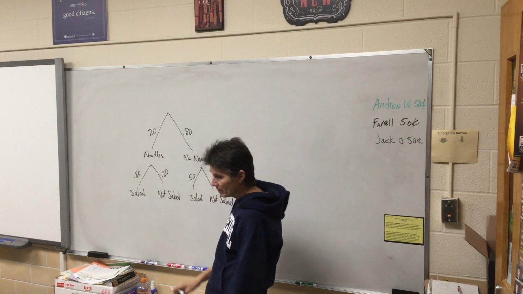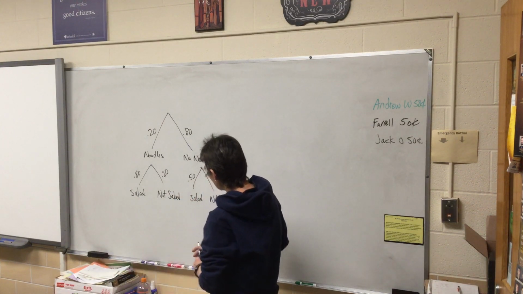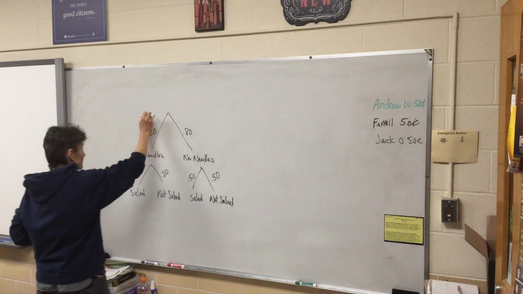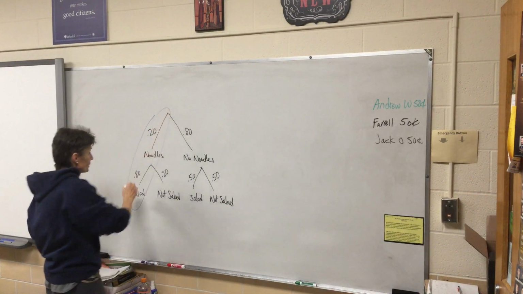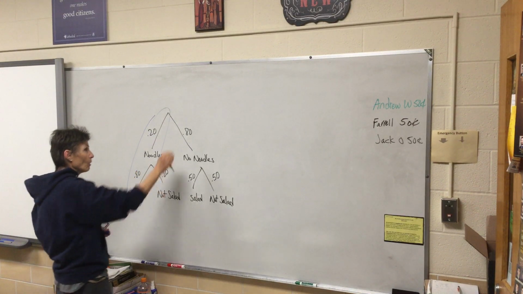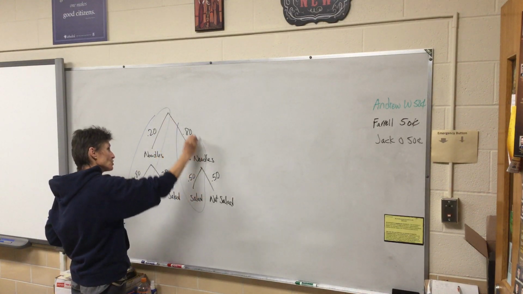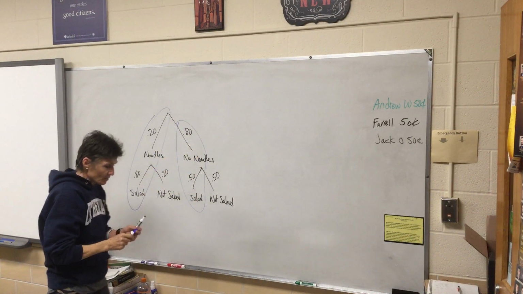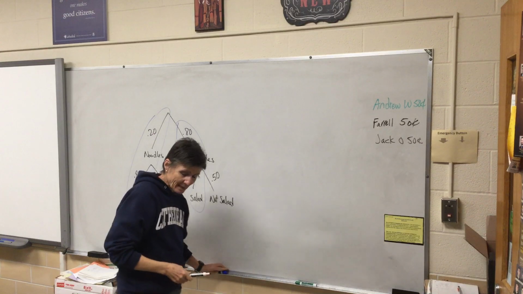Now, I want the probability that they're going to serve salad. So again, that's going to be this branch, noodles and salad, or it's going to be this branch, no noodles and salad. There's two ways we can have salad.